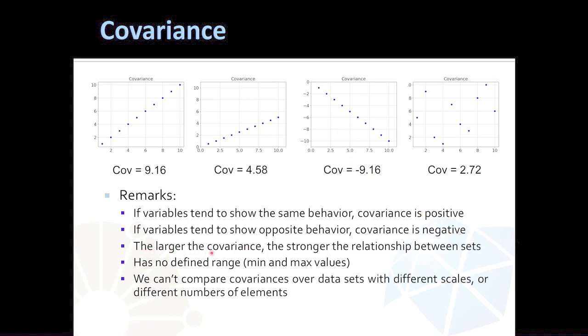The larger the covariance, the stronger the relationship between sets. Covariance has no defined range, minimum or maximum values. We can't compare covariance over datasets with different scales or different numbers of elements.